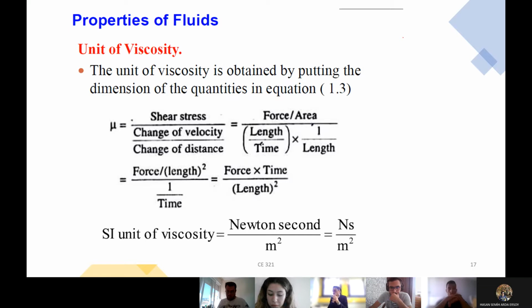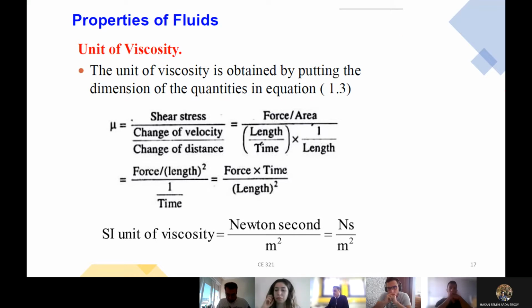Now we are going to check the dimension or unit of viscosity. The unit of viscosity is obtained by putting the dimension of the quantities in equation 1.3, which denotes Newton's law of viscosity.